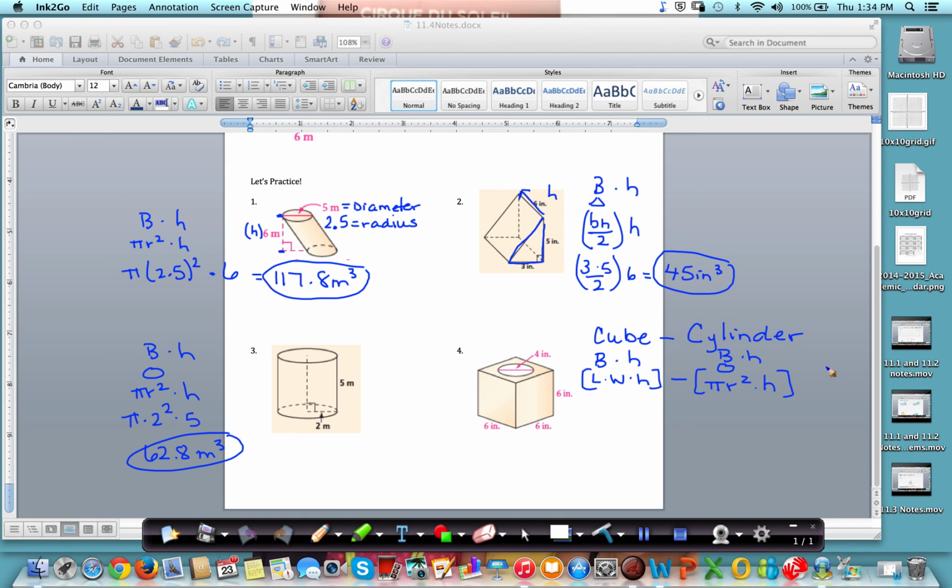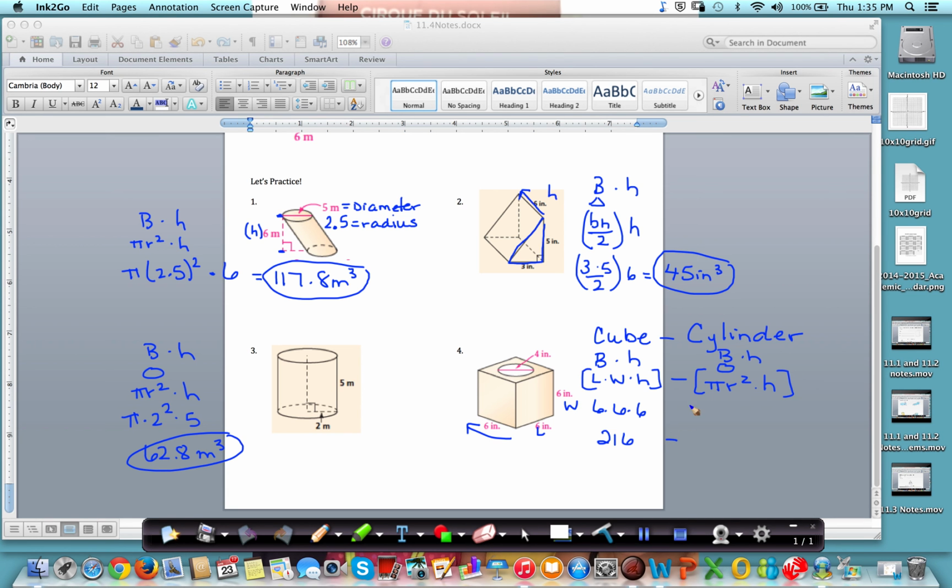All right, let's figure out what we have. I'm all set with my cube. Length times width times the height of the figure. Okay, length times width times height. And so 6 times 6 times 6 gives me a total of 216.